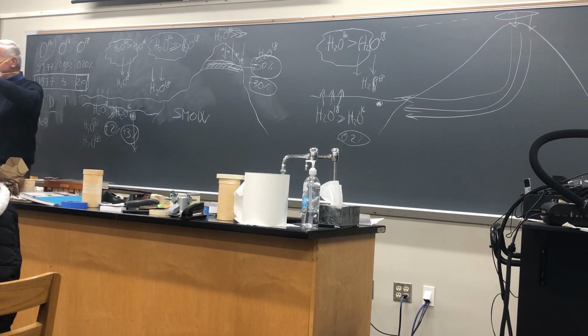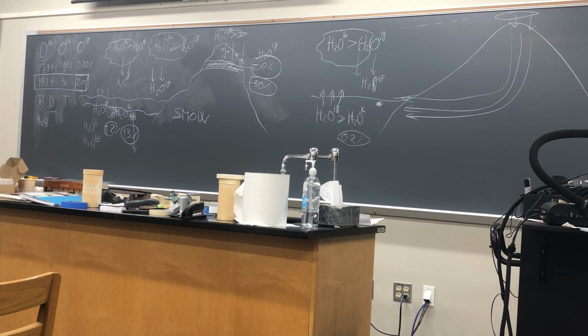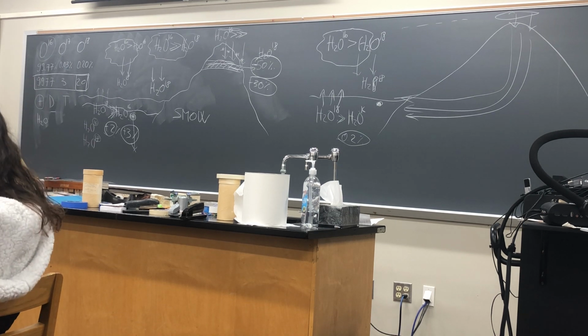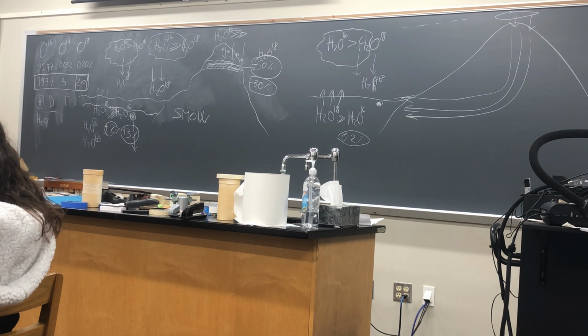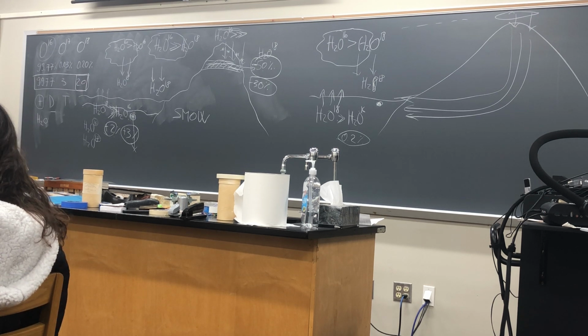The standard mean ocean water is modern ocean, or ocean within the last 20, 30 years, that has a little vial somewhere in Vienna that is kept as a standard that contains a certain amount of this oxygen 16, oxygen 18 ratio. At this time in Earth history, this was the standard. So anything that is different from this will tell us whether it was warmer or cooler than what it is today.